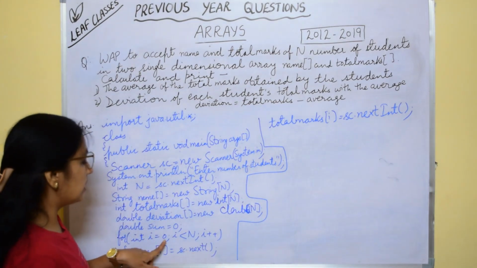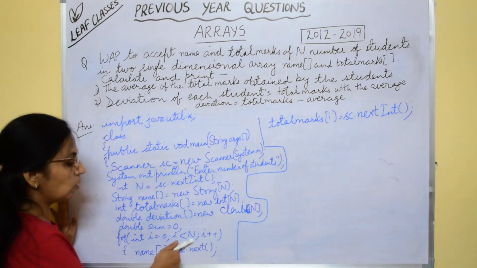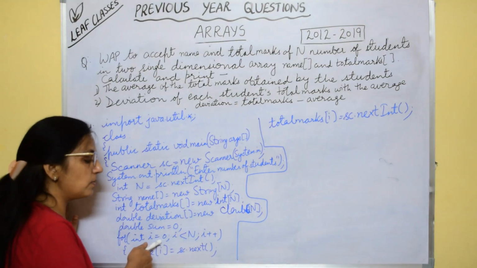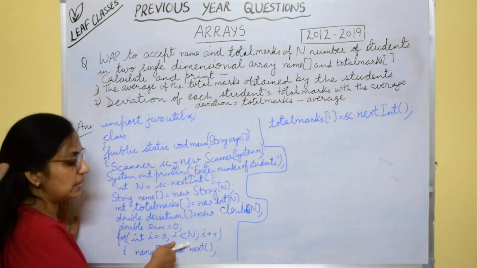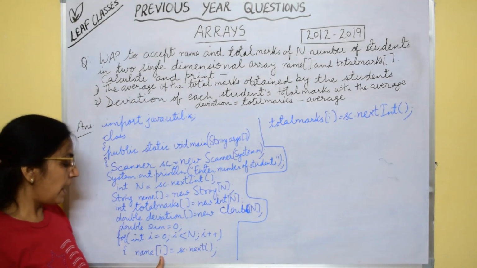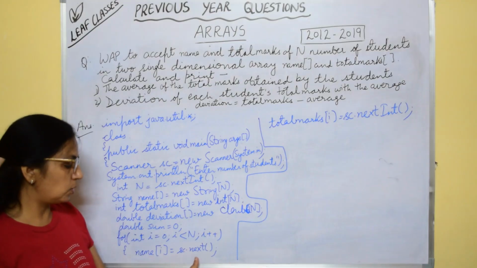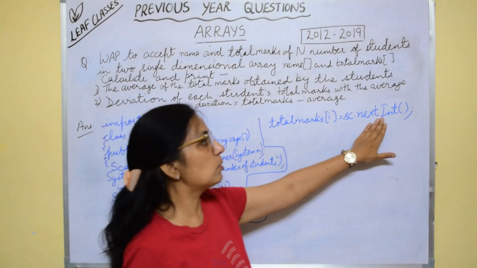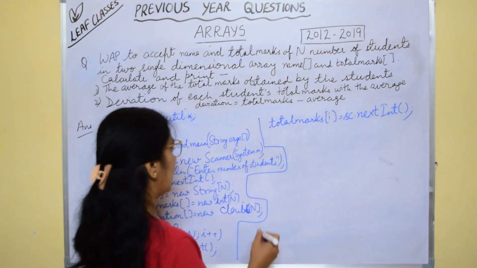So after this you will take the loop from 0 to less than n. Always in arrays the loop starts from 0, it goes till size minus 1, and here you will input the name[i] equals sc.next and total marks[i] equals sc.nextInt.